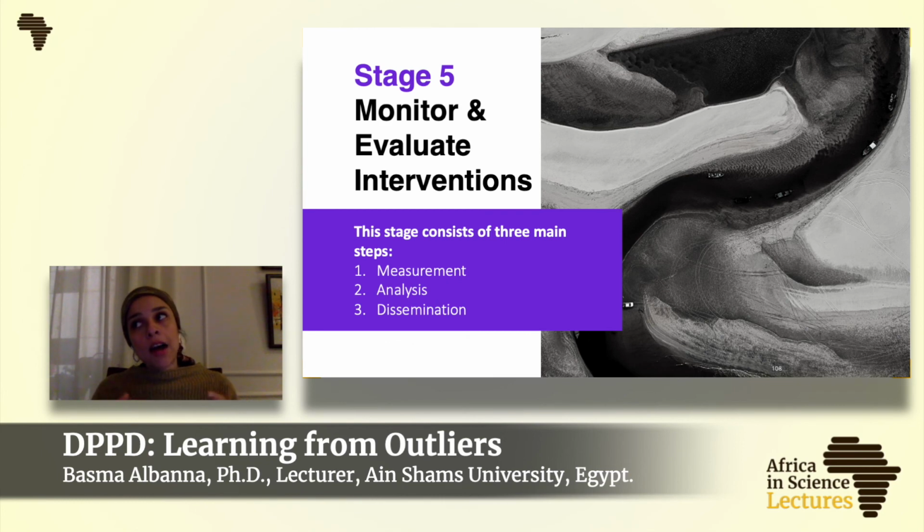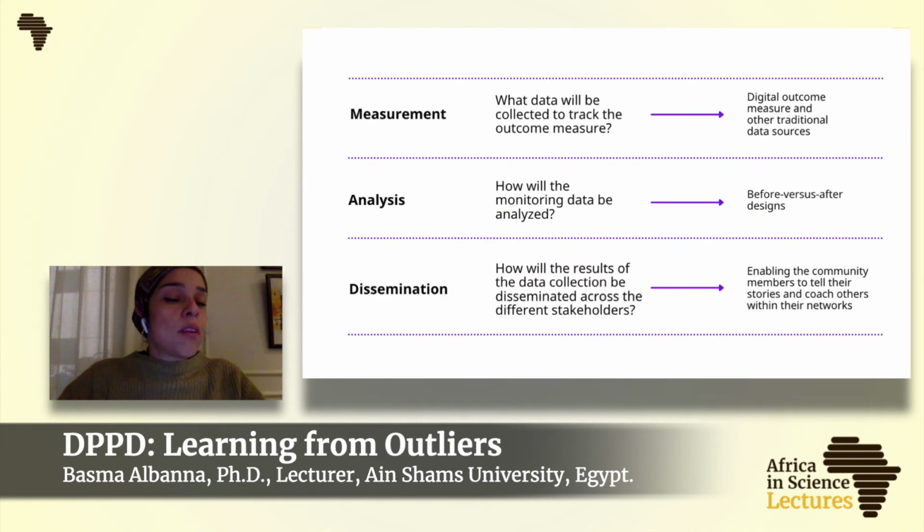After designing and implementing those community and policy interventions comes the stage of monitoring and evaluating those interventions. And here you can use the traditional monitoring and evaluation techniques, but the only difference is that when it comes to measuring the outcomes, before and after the intervention, you can actually use the same digital outcome that was used to measure their outcomes before.